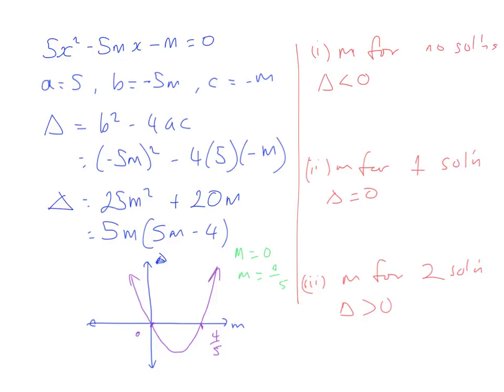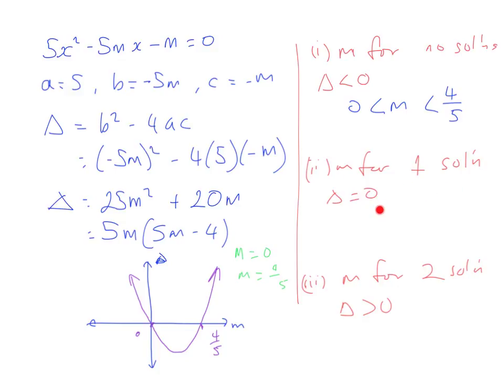We've got m for no solutions, when delta is less than 0. When is it less than 0? This is our 0 line, so it's this part here. That's going to be between, I know m is in between those. So there we go. And I know it's going to be open because of this, so it's going to be those symbols.